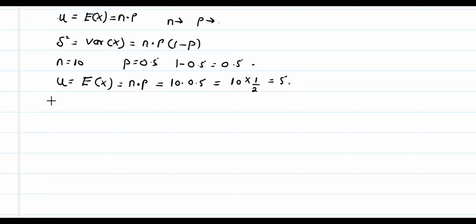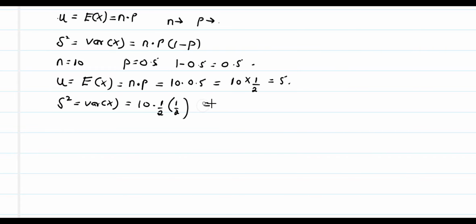The variance is given by n, which is 10, multiplied by p, which is half, into 1 minus p, which is also half.